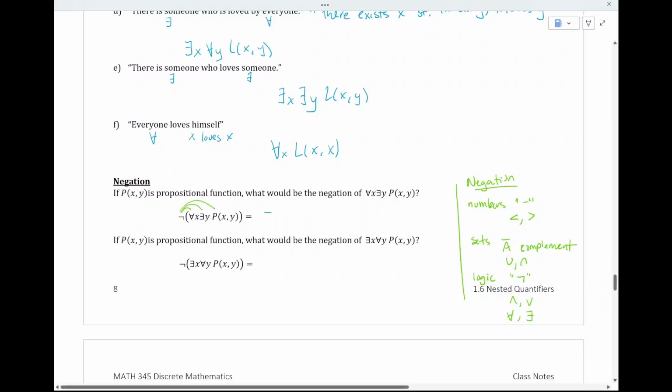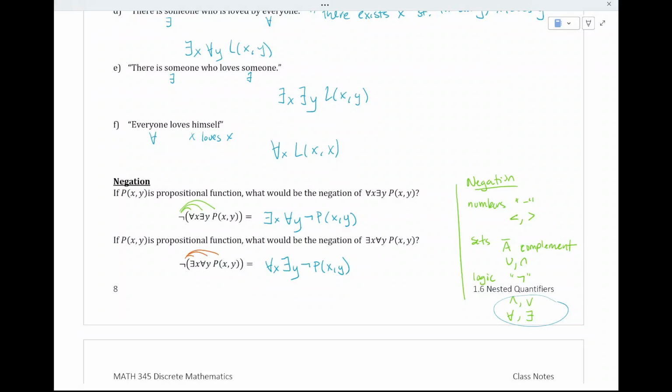And so I'll have for every x, there exists a y such that not p of x, y. Down here, there exists an x such that for all y, not p of x, y. So this is how I deal with negations. It's an extension of the negations that we saw last time.